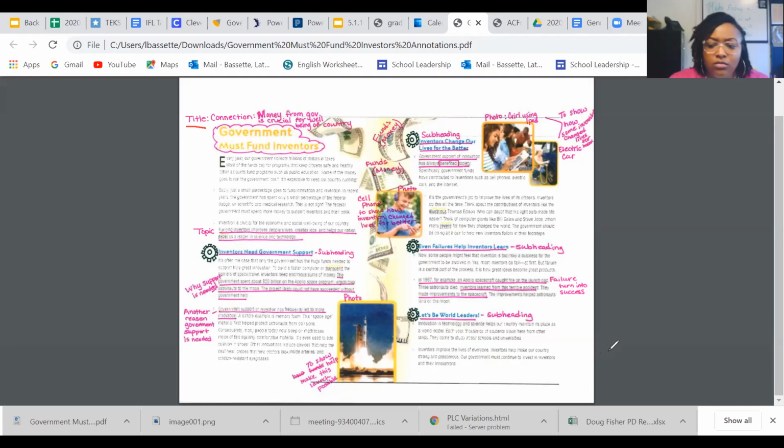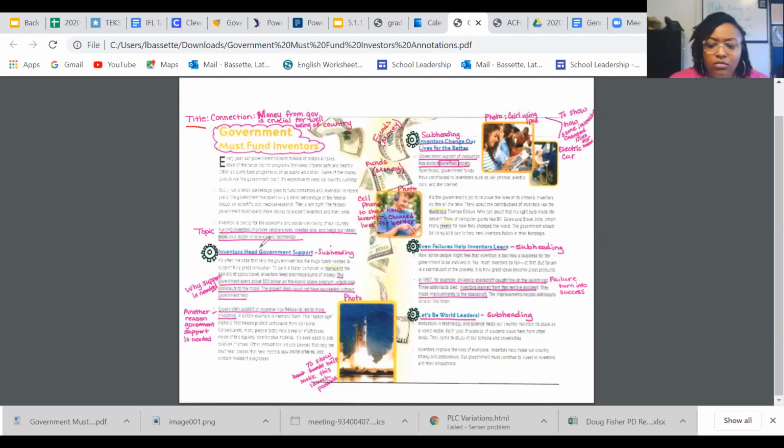Also on my annotations, on every subheading, I have a little 3 to 5 words on what that paragraph is going to be about, what that section will be talking about. Yeah, so instead of just putting subheading here, we identify a little snippet of what it is, like why support is needed.